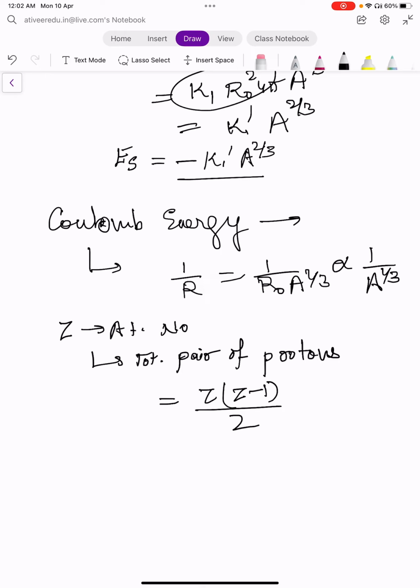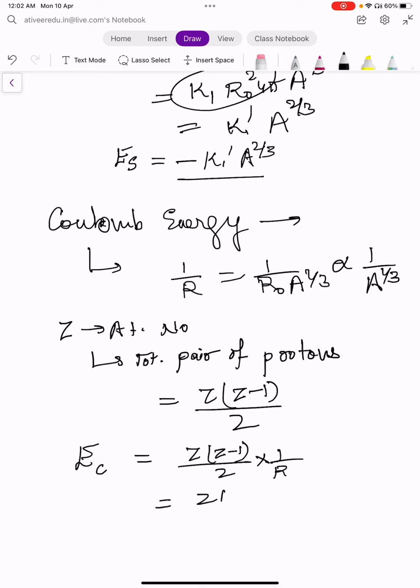Now the Coulomb energy is going to be proportional to these many pairs, and between two protons the Coulomb repulsion energy is proportional to 1 upon r. So the energy due to Coulomb repulsion, or the Coulomb energy of the nucleus, is Z into Z minus 1 by 2 into 1 upon r.